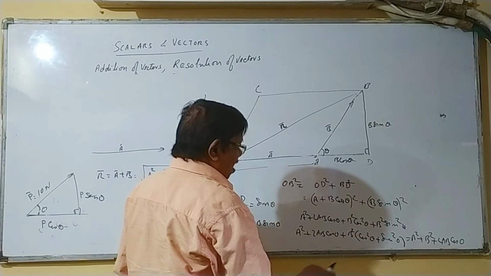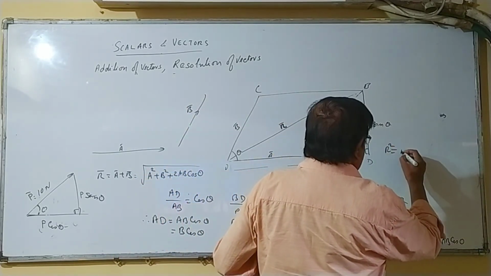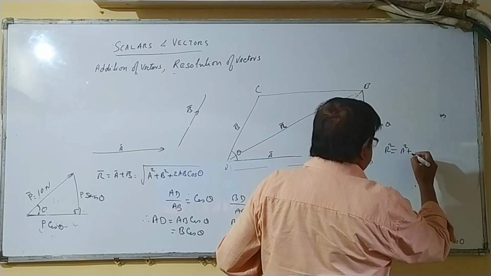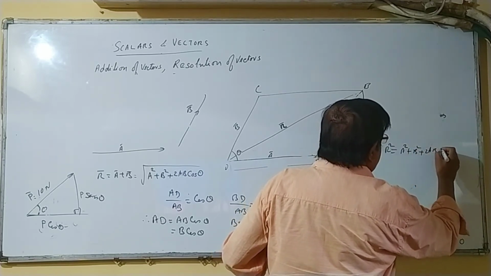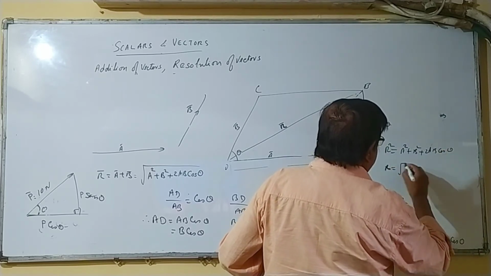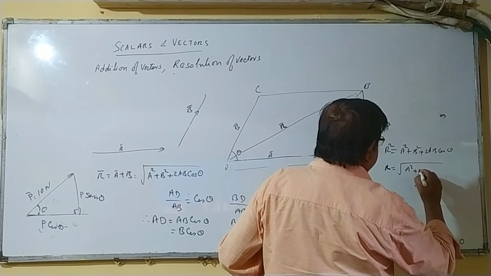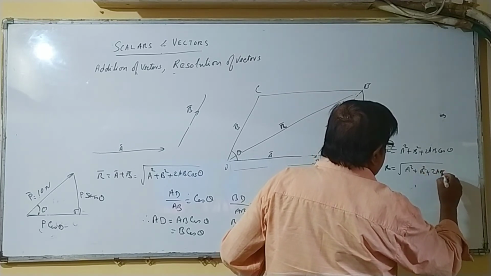OB square equals R square. Therefore R square is equal to A square plus B square plus 2AB cos theta. Therefore R is equal to the square root of A square plus B square plus 2AB cos theta.